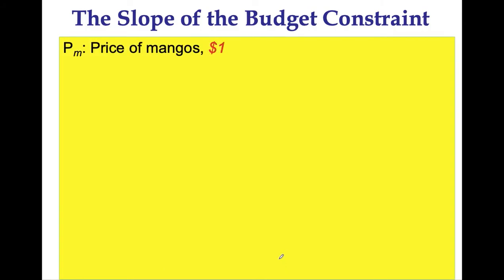Let's use simple mathematics to compute the slope. Suppose PM, the price of mangoes, is $1, and PF, the price of fish, is $4.